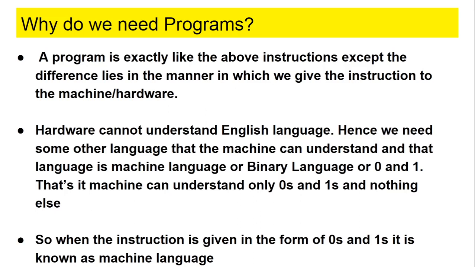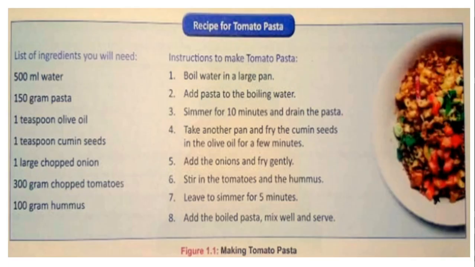So we need a language to communicate with the hardware, and that language is machine language or binary language or the language of zeros and ones. Machine can understand only zeros and ones and nothing else. So this is known as machine language.